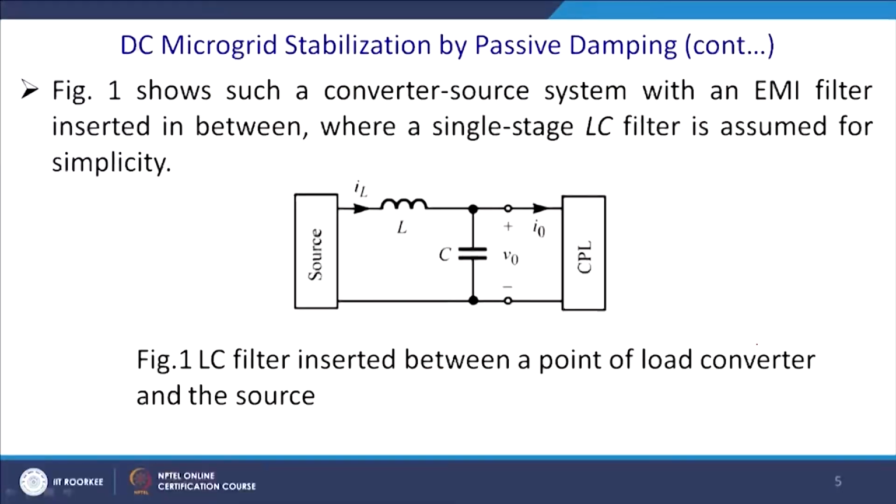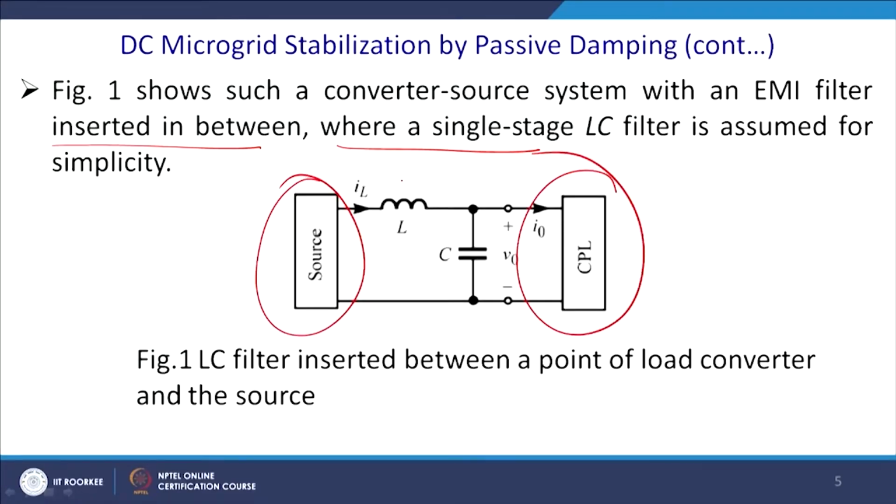So, let us consider this figure 1, and it shows a converter source system with an EMI filter inserted between, where a single stage LC filter is assumed for simplicity. Now, you have a source, you have a CPL.